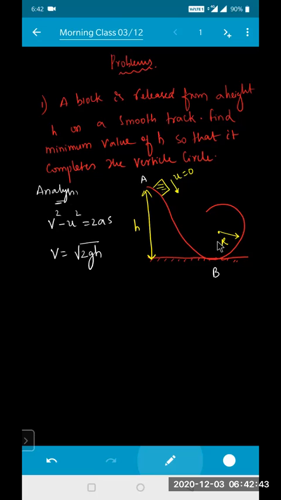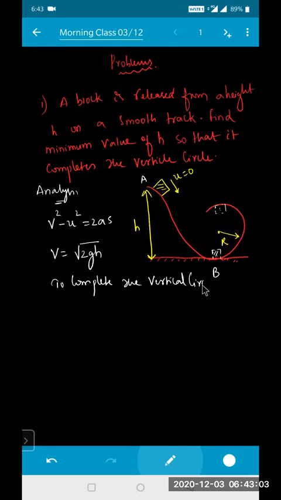And you know what should be the minimum velocity of this block at point B so that it makes a complete circular motion.